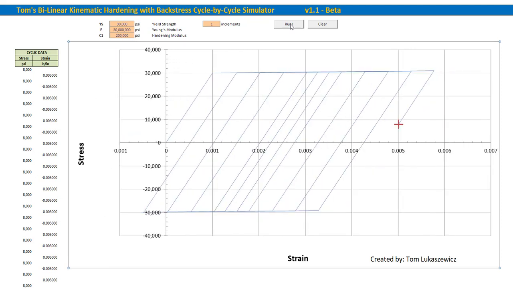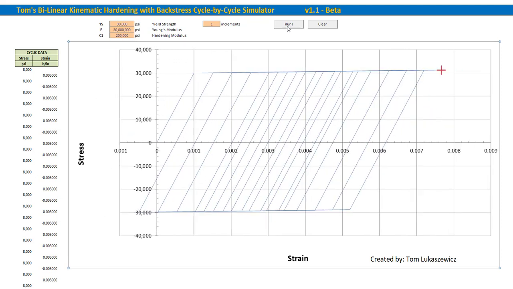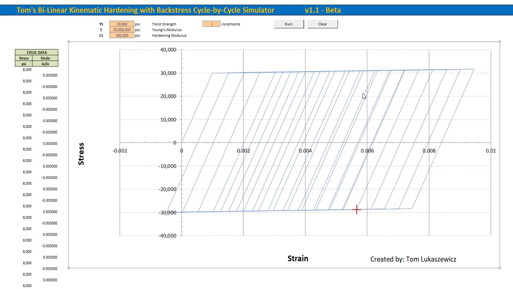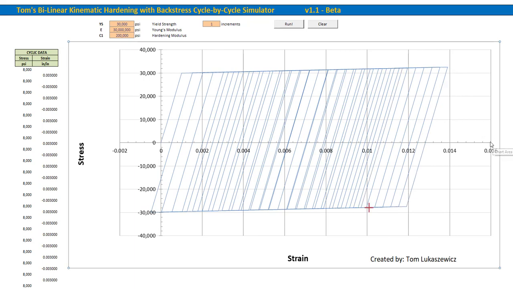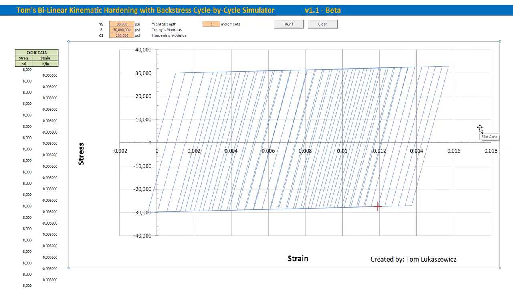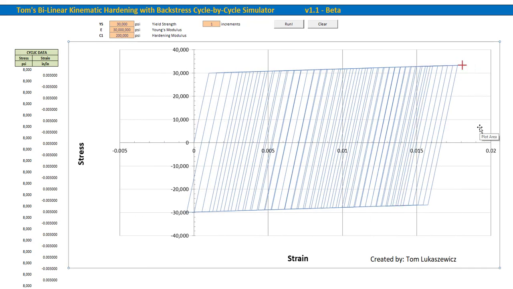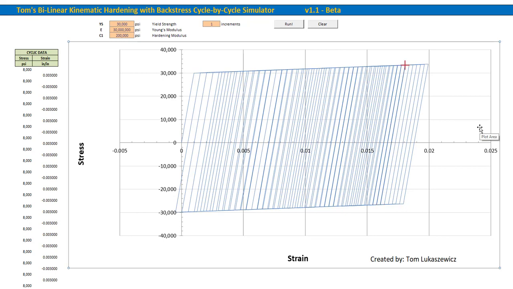So you can see with every single cycle the strain is accumulating and this thing is shifting over to the right constantly. That's essentially what happens when you're ratcheting. One thing to observe is that it's moving in the direction of the mean stress.